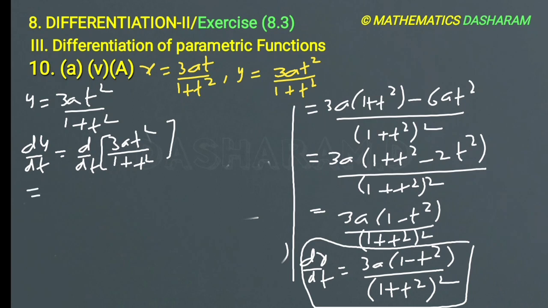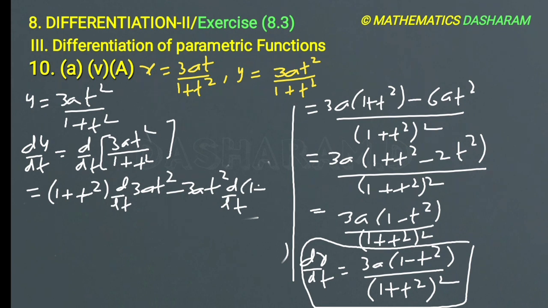So it is equal to, apply the quotient rule, that is u by v formula, 1 plus t square into d by dt of 3a t square minus 3a t square into d by dt of 1 plus t square divided by v square. V square means 1 plus t square whole square.